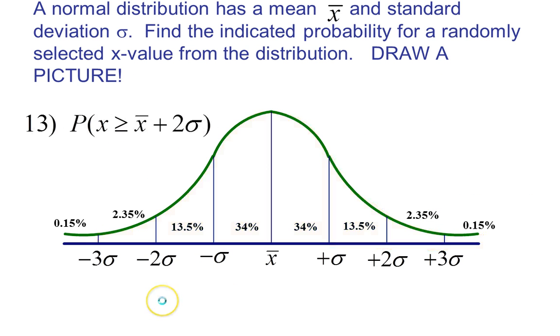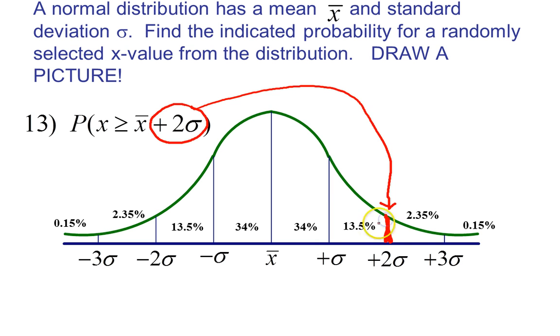Alright, number 13. Focus on the +2 standard deviations. Okay, that lets us know that we are talking about this spot right here. That's your +2 standard deviations. This is a greater than or equal to symbol, which again means we are looking to the right.